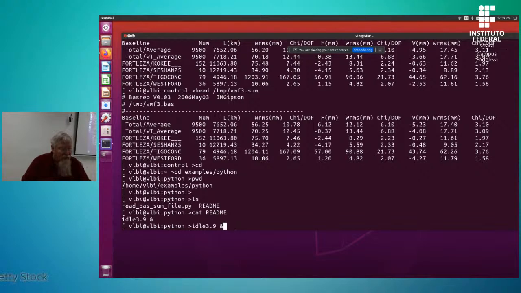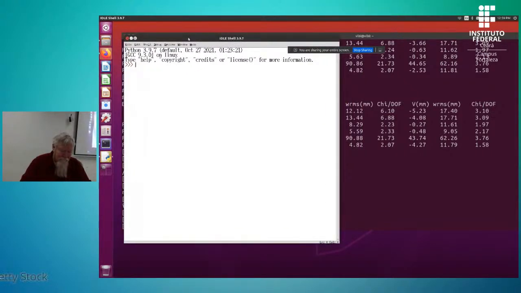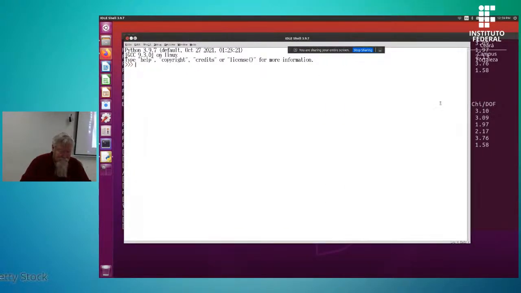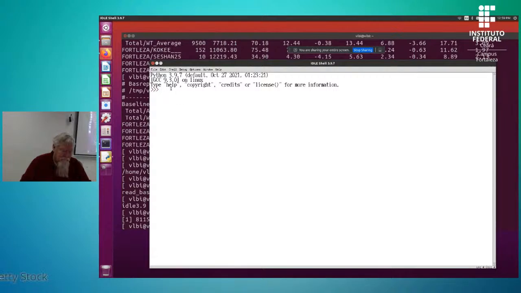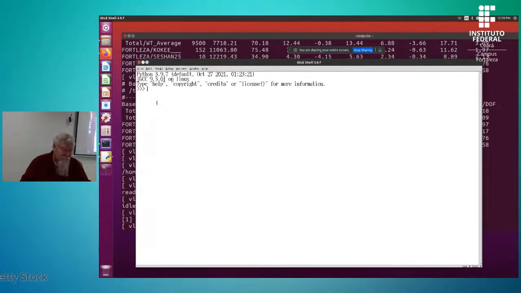IDLE 3.9. Then you should have this white window open up. Does that work okay?